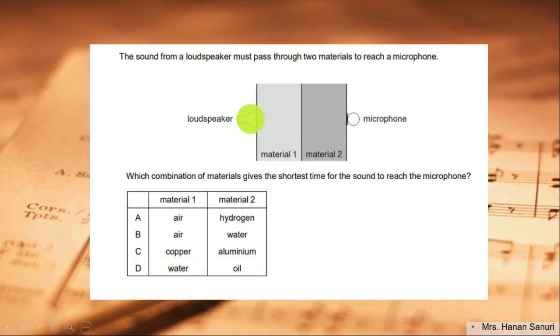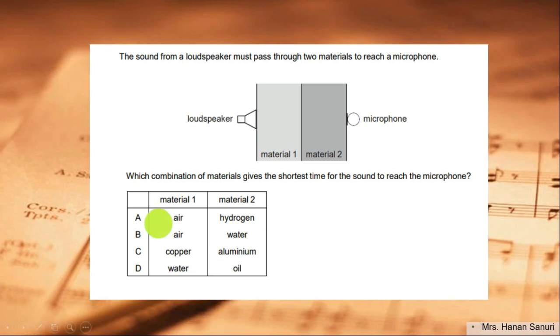The sound from a loudspeaker must pass through two materials to reach a microphone. Here's the microphone, here's a loudspeaker. I have material 1 and material 2. Which combination of materials gives the shortest time for the sound to reach the microphone? What do you think, girls? Do you remember where the sound moves fastest, in which type of materials? Solid, liquid, or gases? We said in solid because the particles are close to each other.